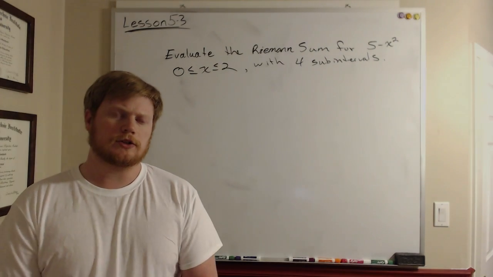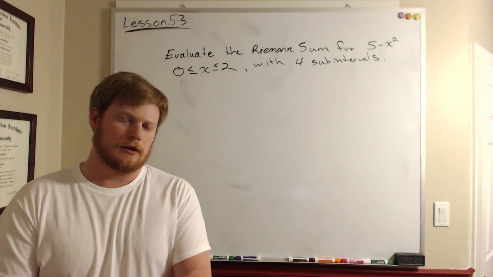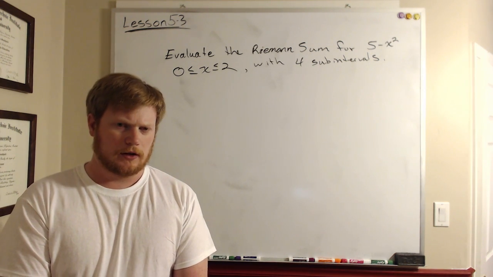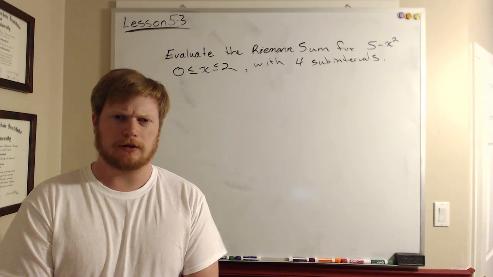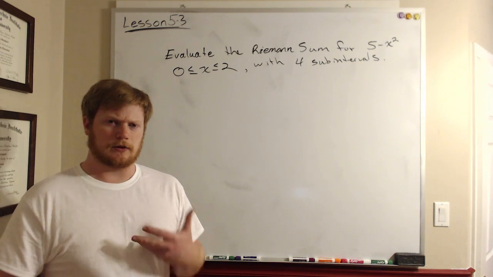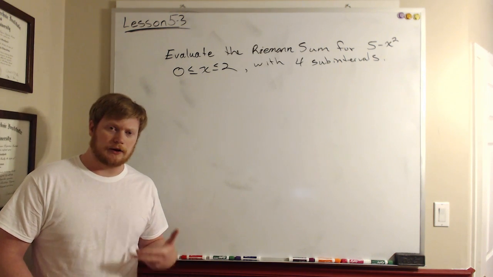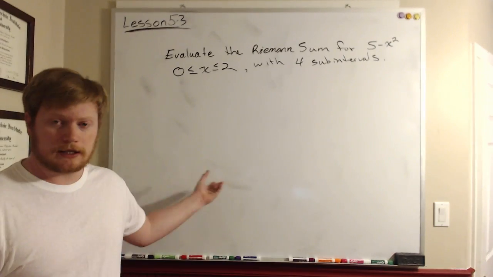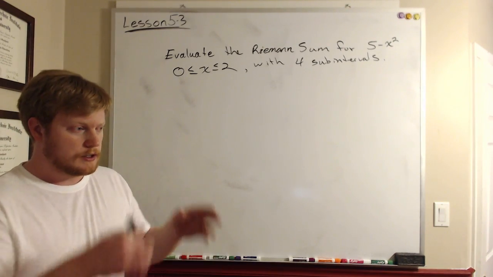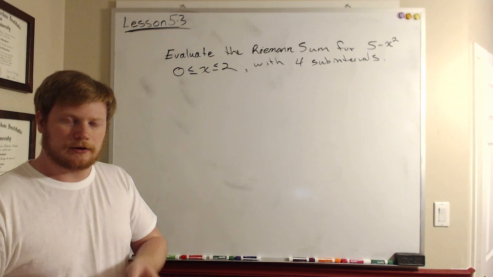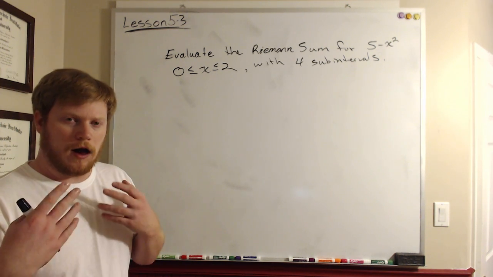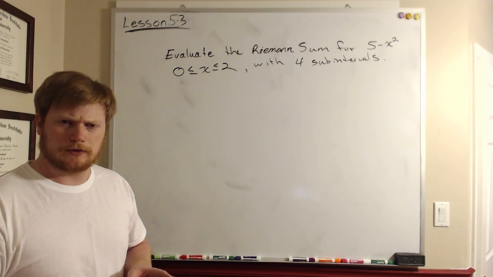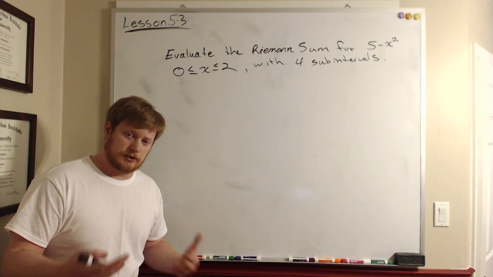Okay, so before we actually start using the definition of area under a curve, let's take a geometric approach to finding or estimating the area underneath a curve. And that process that I was using before of subdividing the region under a curve into rectangles is called a Riemann sum.